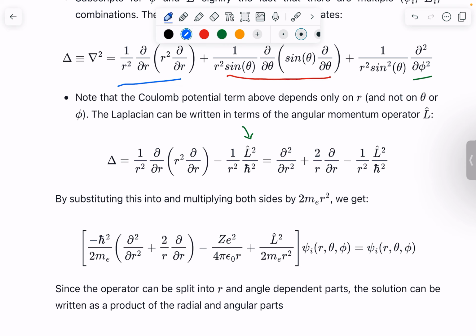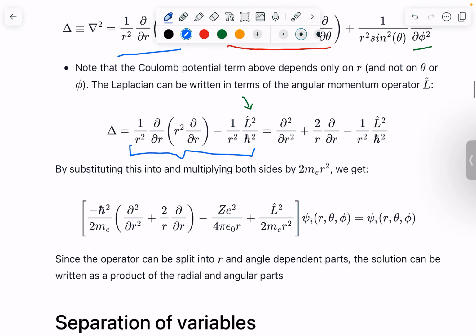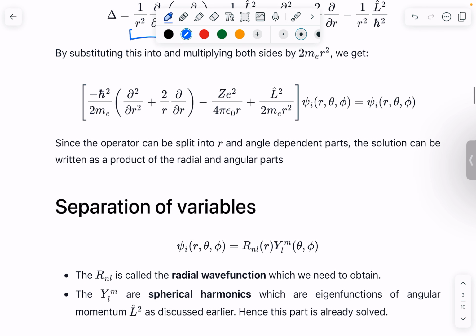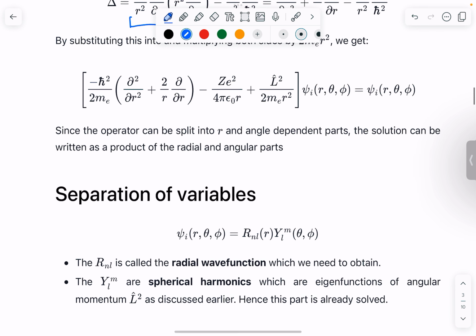We didn't have this problem in the rigid rotor, because there r was constant, so we just threw that part away. So there is something new to be learned. This is how the Schrödinger equation looks once we absorb the spherical coordinates inside the angular momentum. We see the part that contains r, and then these parts that are inside the angular momentum.